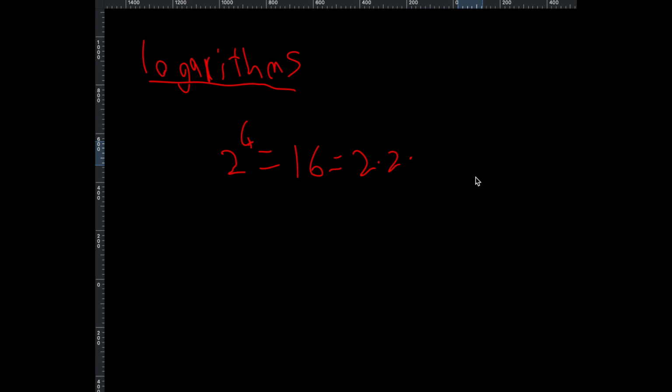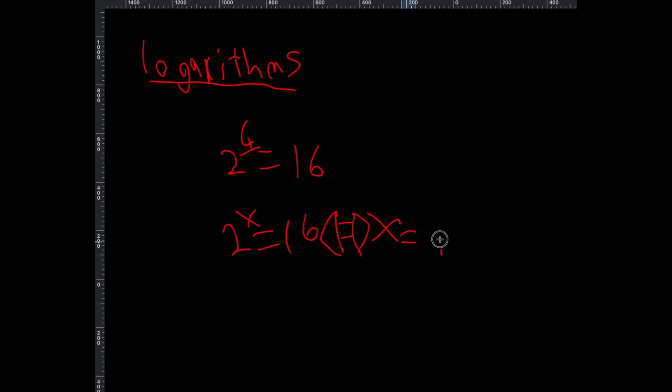So you could also write this as 2 to the x equals 16, and we just figured out that x is 4.